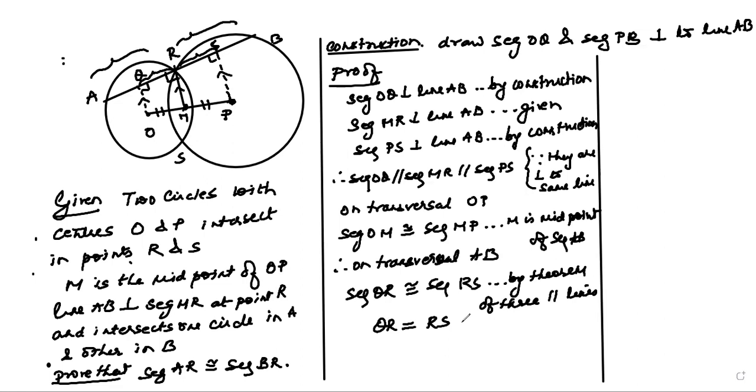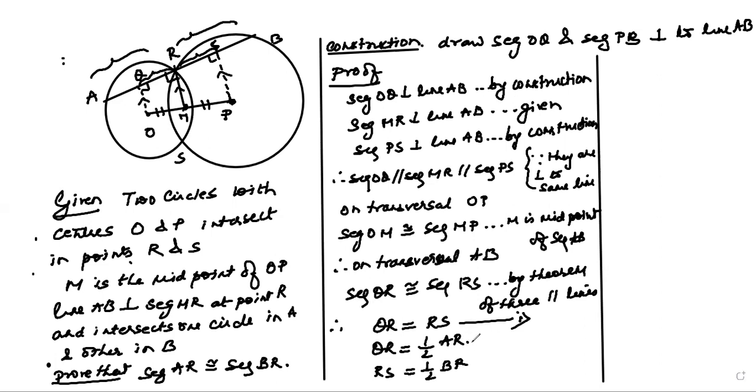I call this statement number 1. Now look at this QR. What is QR equal to? QR equals half of AR, children. And what is RS equal to? RS equals half of BR, children.